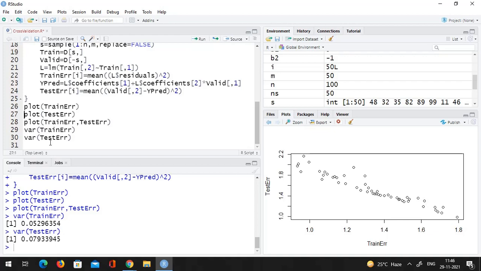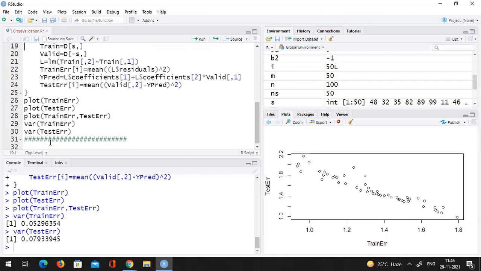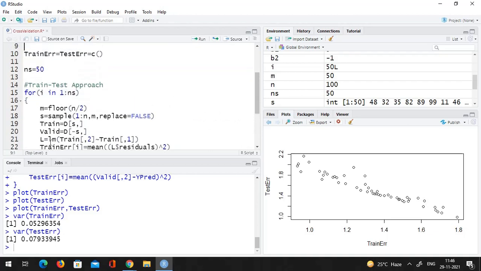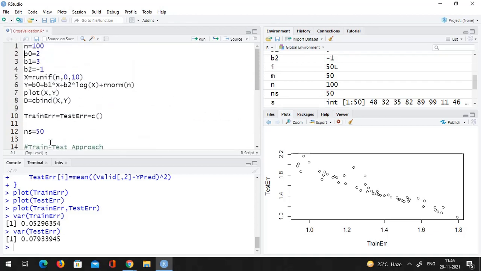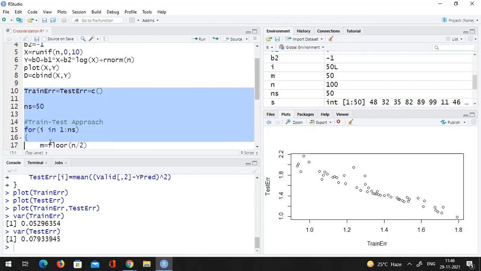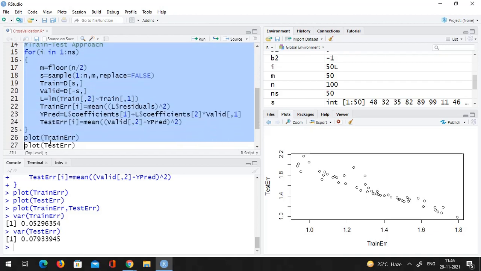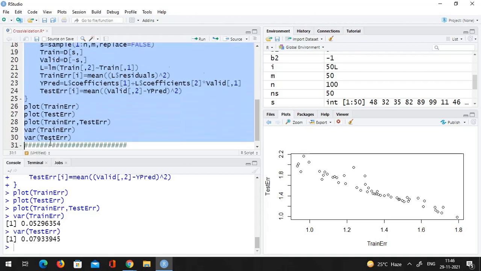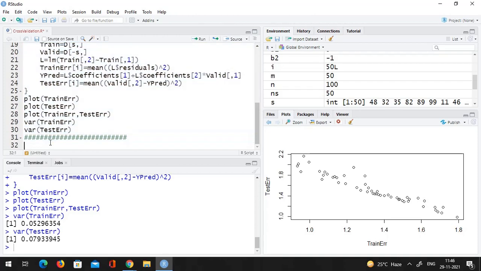Let me now try fivefold cross validation. All these things I have to do, but now with fivefold cross validation. So we can copy and edit some of the commands, and we are going to use the same data set, just that instead of the train test approach, we will go for the validation set approach.